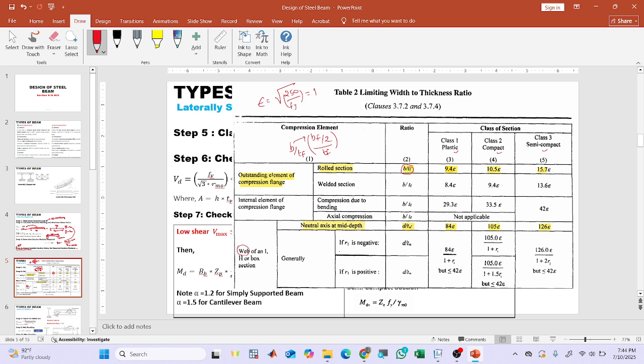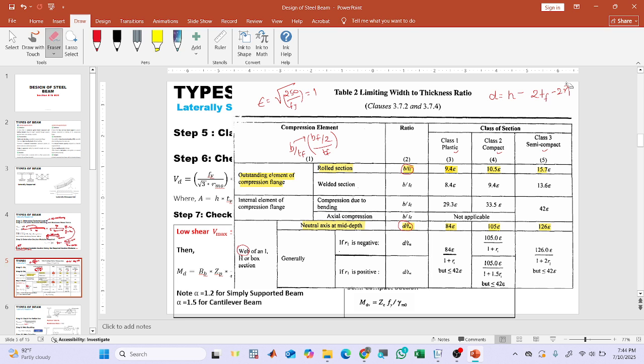And for the web, if the neutral axis is at mid depth, these are the values of d divided by tw. We will check this ratio. And what is this d? This d can be estimated as H, the total height, minus 2 times tf or minus 2 times R1. You can keep or ignore this, it will not create that much of a difference, but for now let's keep it.